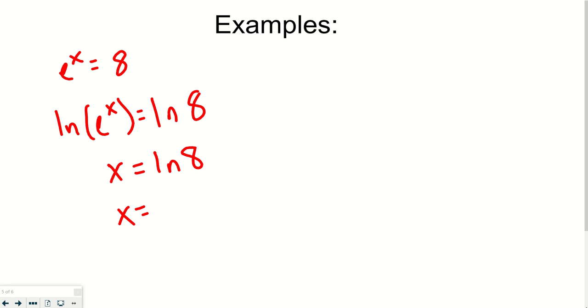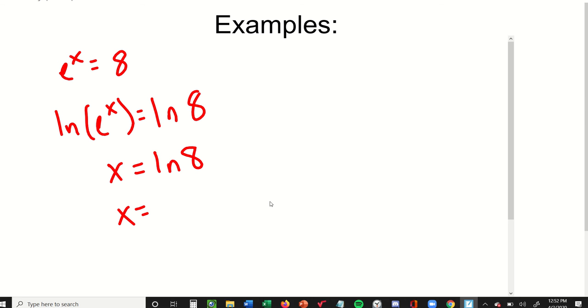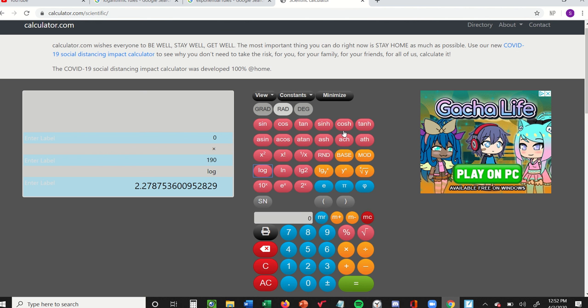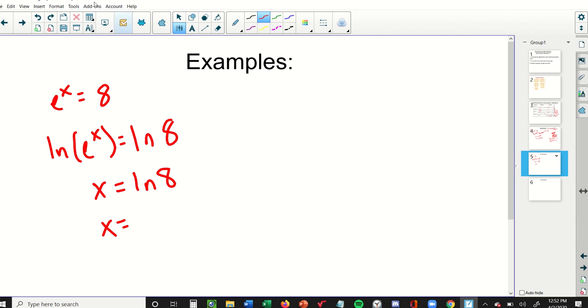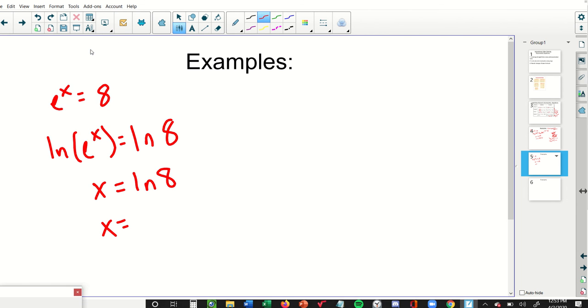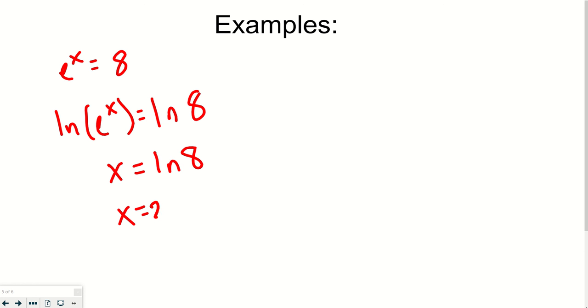And then on your calculators on the website, let me clear this. If I do 8 natural log, the button's right here. That's my solution: 2.07944, but we'll just round. We get 2.07944.